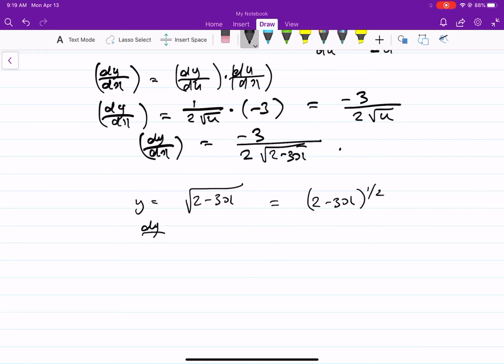The chain rule says dy dx is equal to n, drop the power down, which is a half, times function 2 minus 3x. Subtract 1 from the power, half minus 1, that gives me a power of minus a half. And then differentiate what's inside the brackets. The derivative of what's inside the brackets is just negative 3, like so.